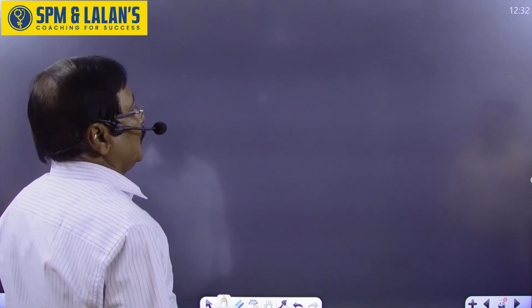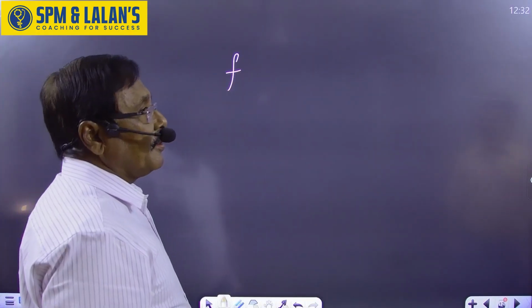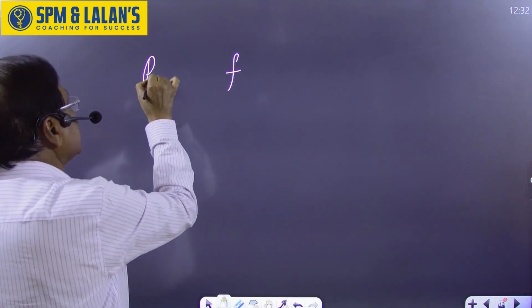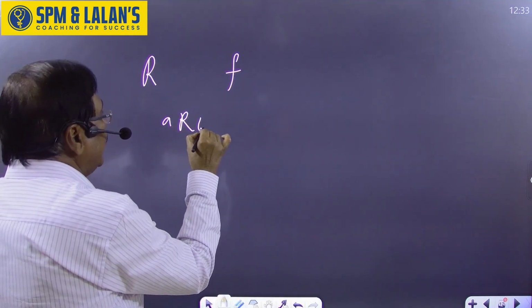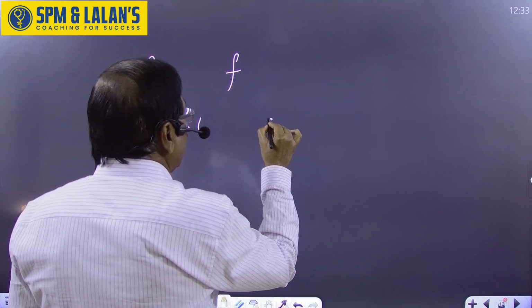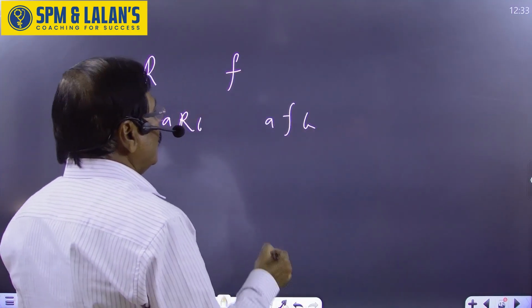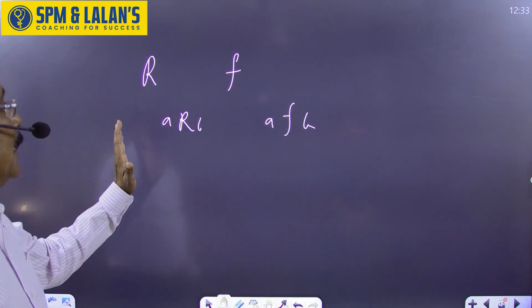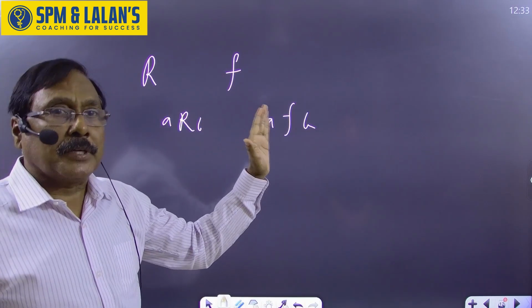Now the term function. This is the symbol of the function and this is the symbol of relation. A related to B, or A is a function of B. This is the symbolic representation of relation and function.